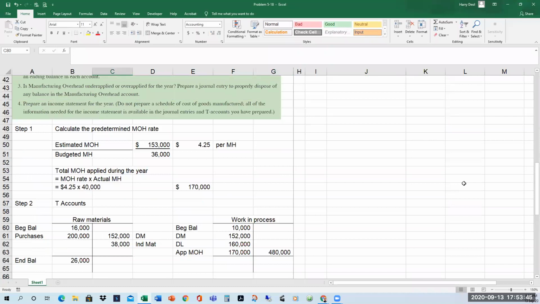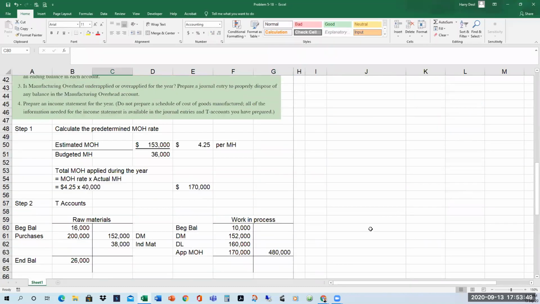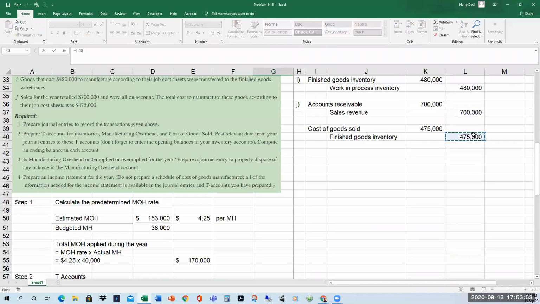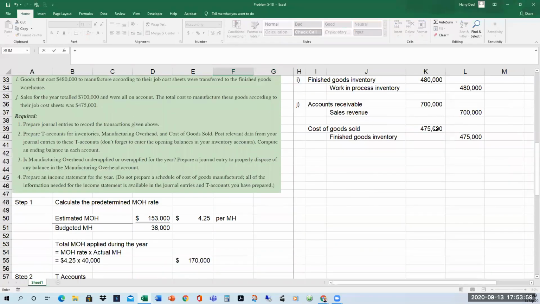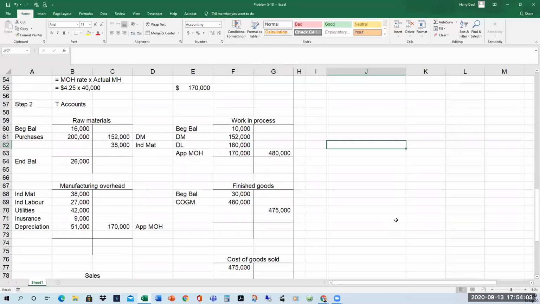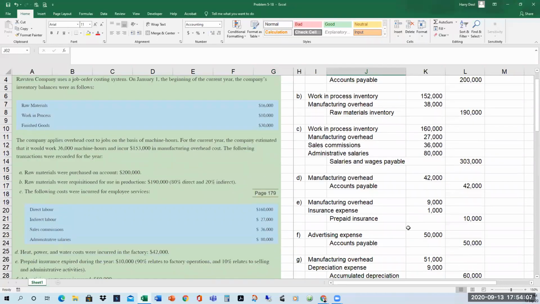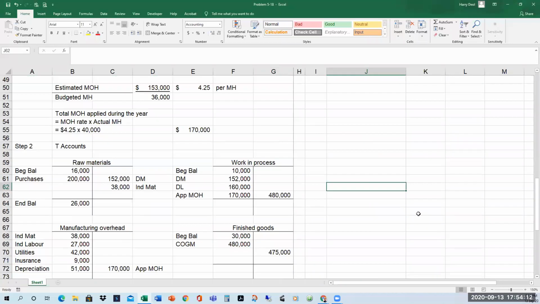And then finally, for the cost of goods sold, credit the finished goods inventory, 475,000, and you want to debit cost of goods sold, $475,000. So we have completed posting all of these transactions to these T accounts.